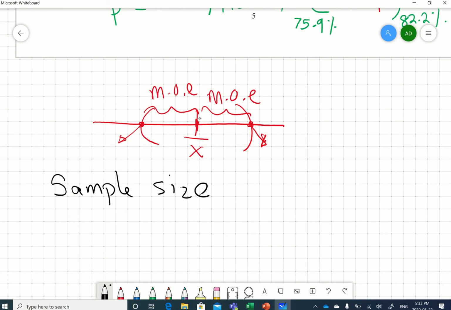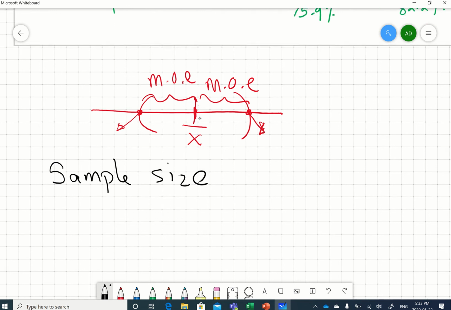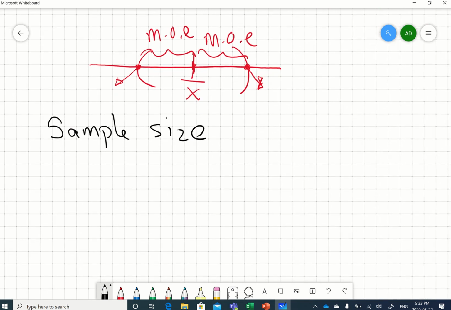This is actually a part of your lesson which I'm doing under the practice session, so you might want to add these notes in your notebook. Sample size estimation.